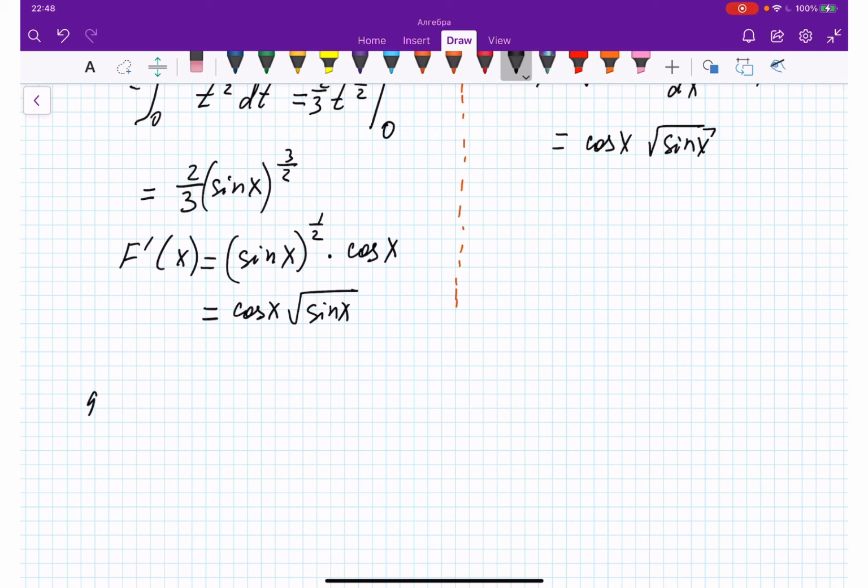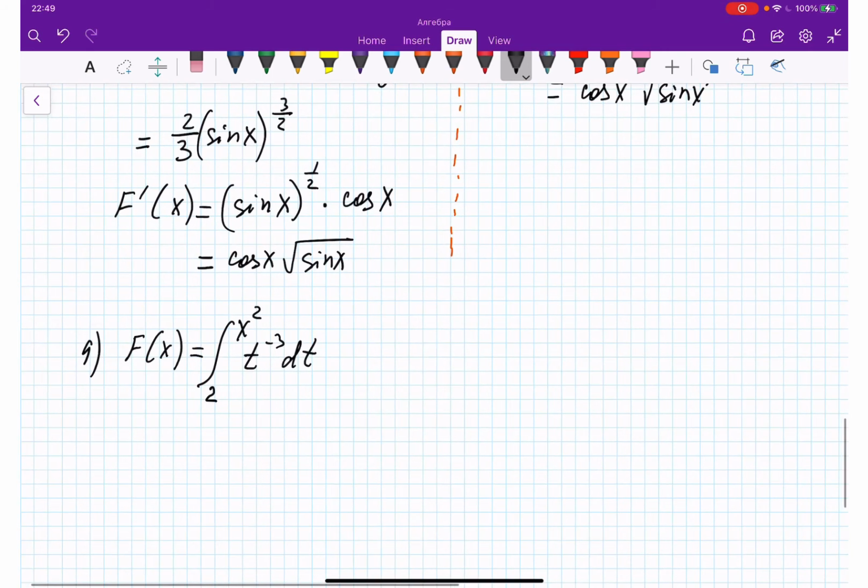Next, question number 9. So f of x is equal to the integral between 2 and x squared of t to the power -3 dt. Let me rewrite it one more time so it would be clear.